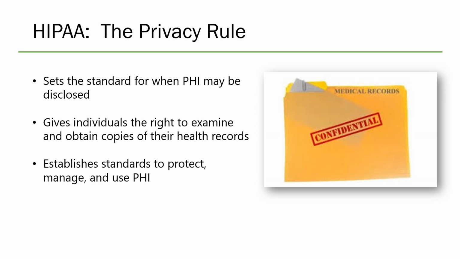The privacy rule also gave individuals the right to examine and obtain copies of their own health records. For those of you that need a little review, PHI stands for Protected Health Information, which we'll talk about a little more coming up.